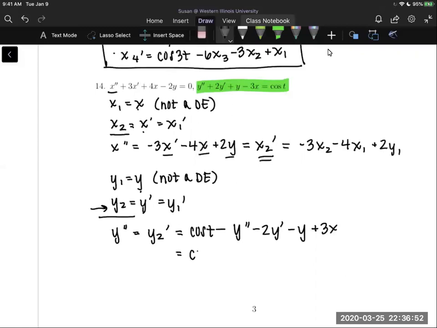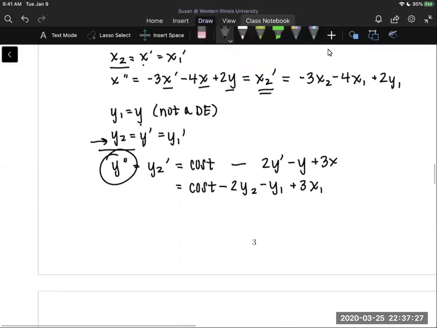So this is cosine t minus, whoops, let's correct this. We don't need this guy over here. We already have y double prime over there, so I didn't need to subtract it over. This becomes a 2y2 minus y1 plus 3x1. All right, so now we're ready to write out our system.